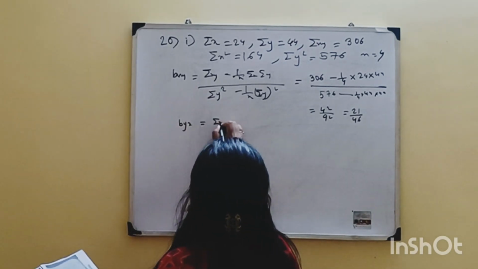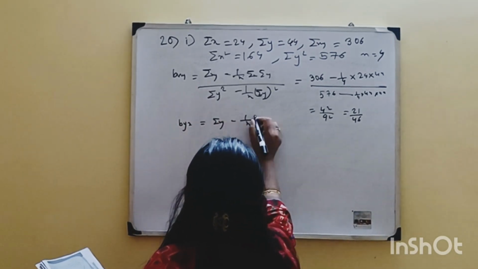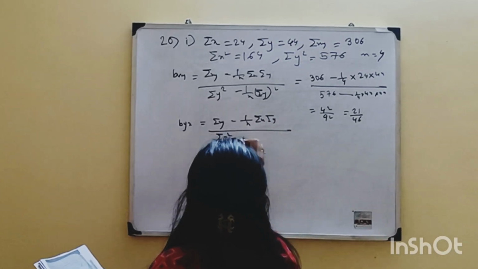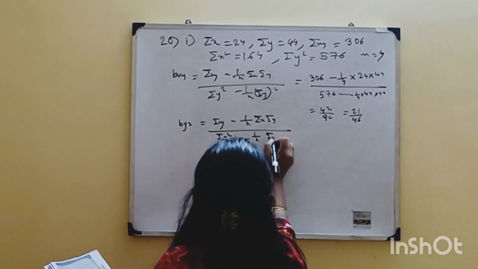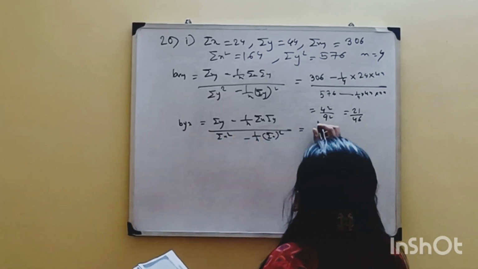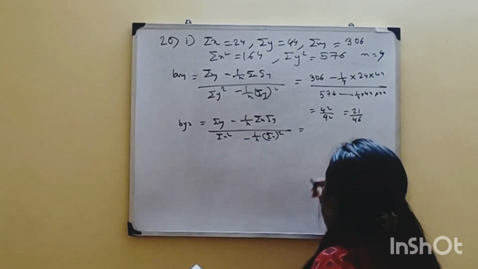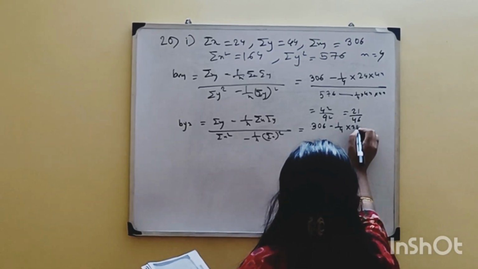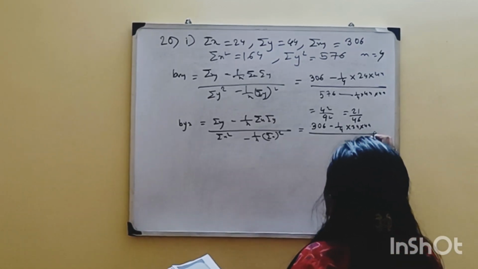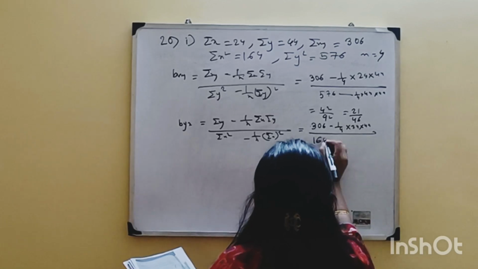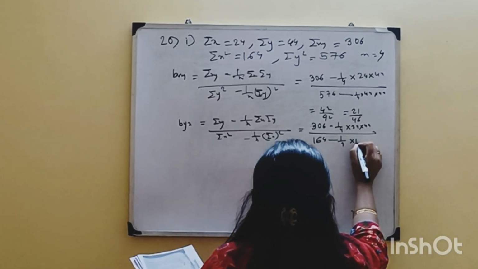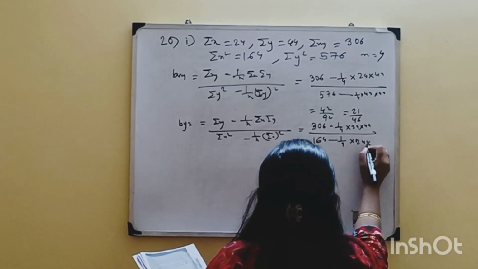Now we will calculate Dyx. Dyx equals summation xy minus 1 by n summation x summation y, divided by summation x square minus 1 by n summation x whole square. Summation xy is 306 minus 1 by 4 into 24 into 44, divided by summation x square 164 minus 1 by 4 into 24 into 24.